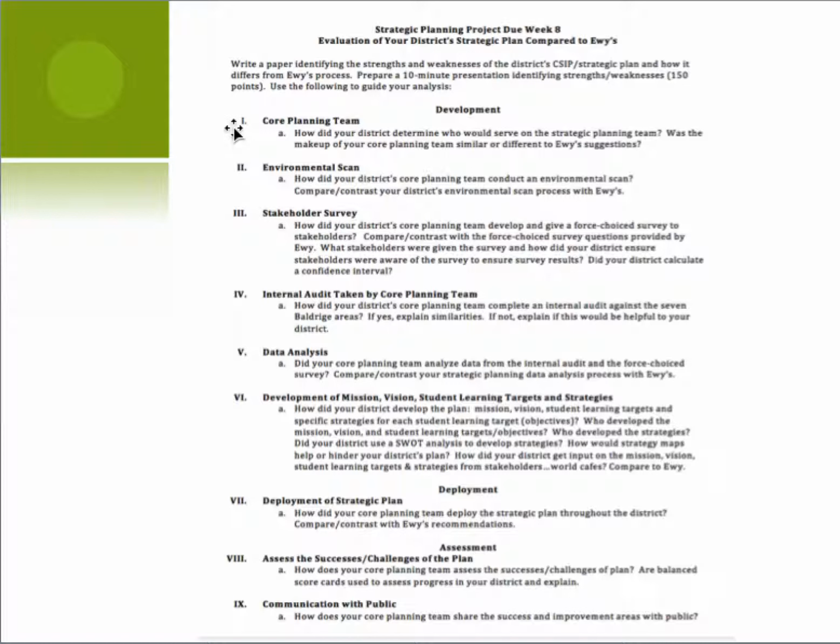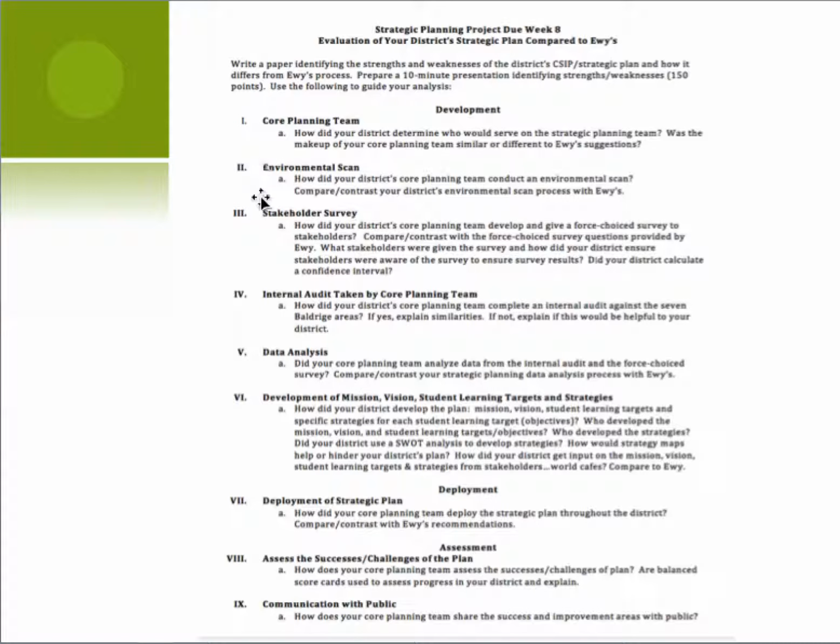But if you look at the state's CSIP planning book that helps districts develop their comprehensive school improvement plans, you will notice that these 9 areas are very similar to the state's model in terms of making sure that these areas are included in a district CSIP.